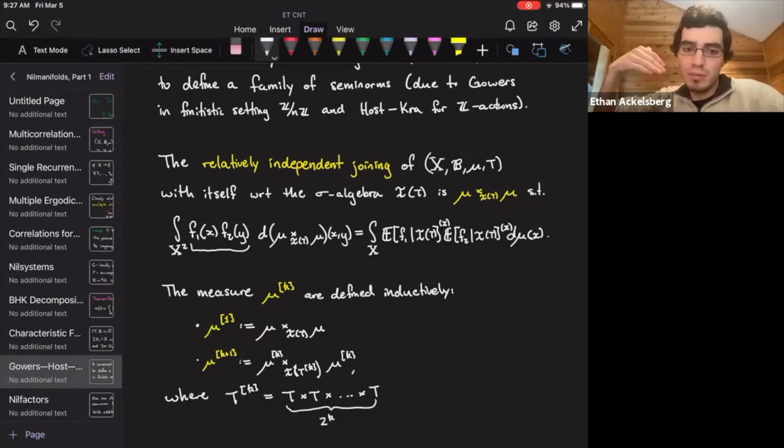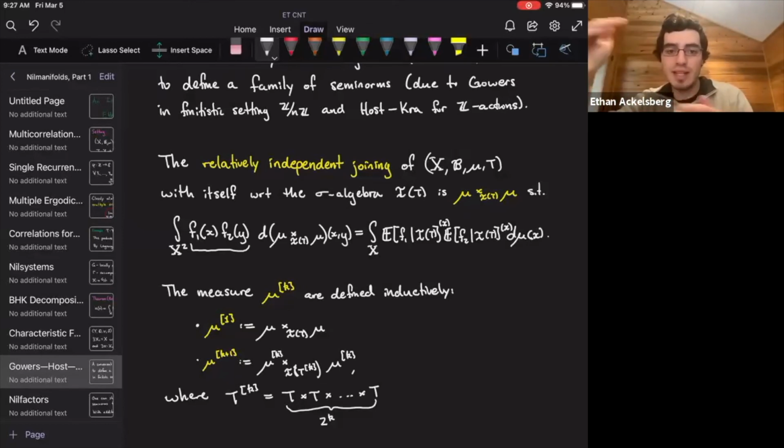If we had some weak mixing system, all of these T to the k's would be ergodic, and we'd be getting totally uninteresting measures. So for weak mixing, we're expecting things to really just separate into products, and it's some sort of non-weak mixing behavior that's going to be slowly detected as we go up in levels with these measures.